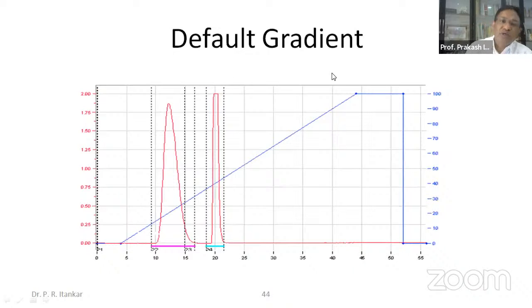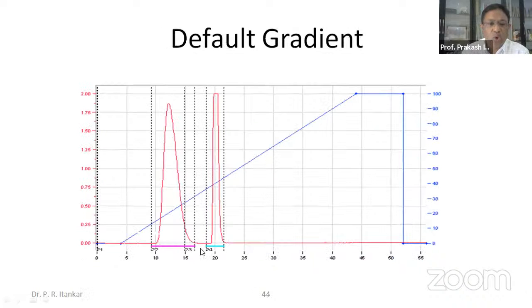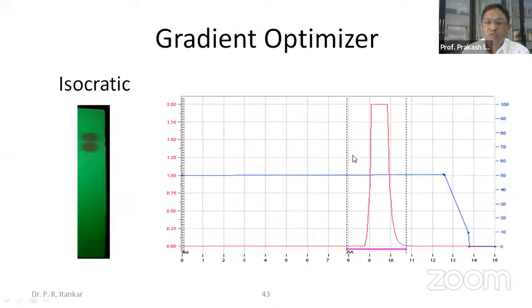And you can achieve the necessary separation. So this kind of separation of the constituents can be achieved. The gradient optimizer works. Here you can see that the peaks were very closely placed earlier, like just one single bundle of 2 constituents.